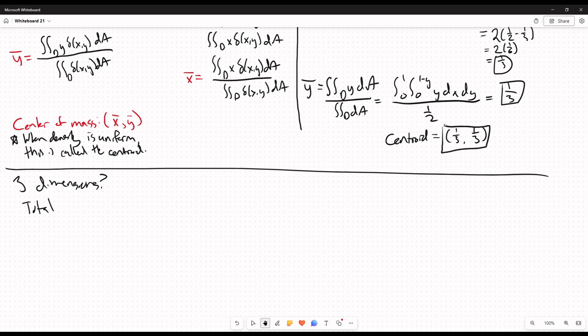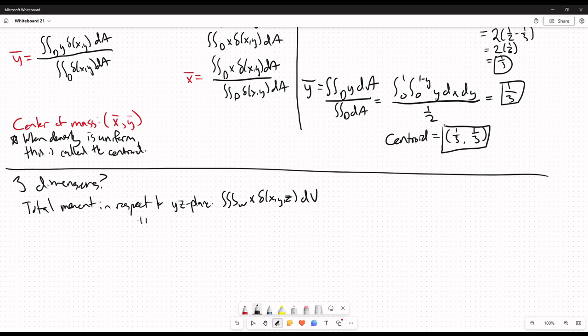So the total moment with respect to the yz plane, which we'll start with for reasons which should make sense once I write stuff out, is going to be the triple integral over our region of x delta(x, y, z) dV.